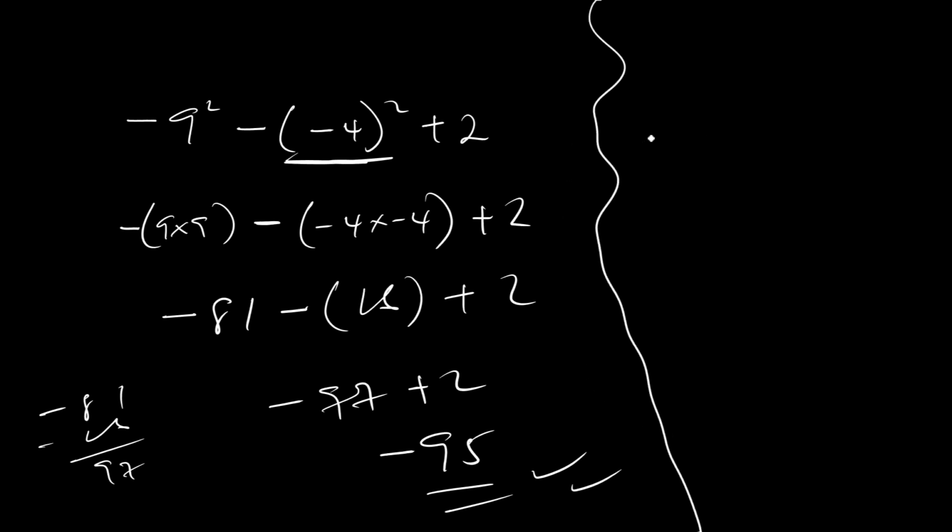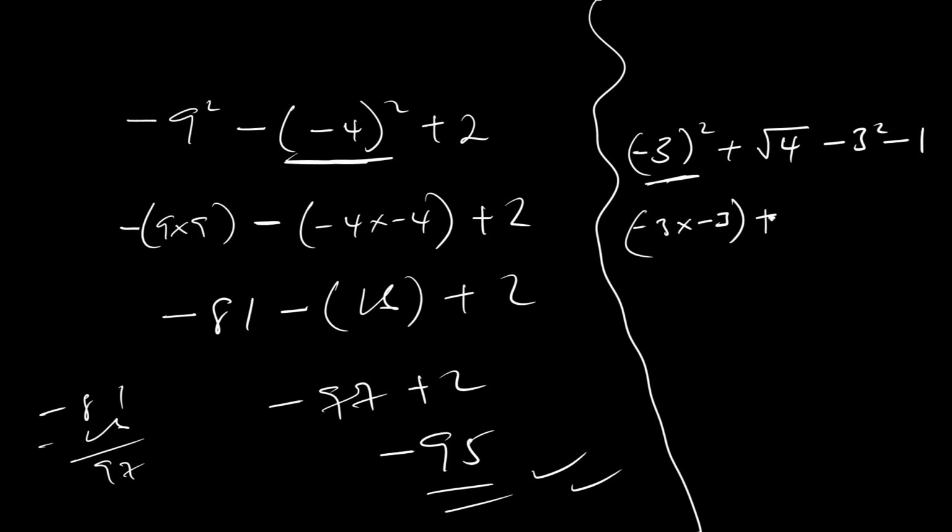So try this one. This time everything squared. So we have negative 3 all squared. This one is the same as minus 3 times minus 3, so the positive square root, so the square root of this is 2.